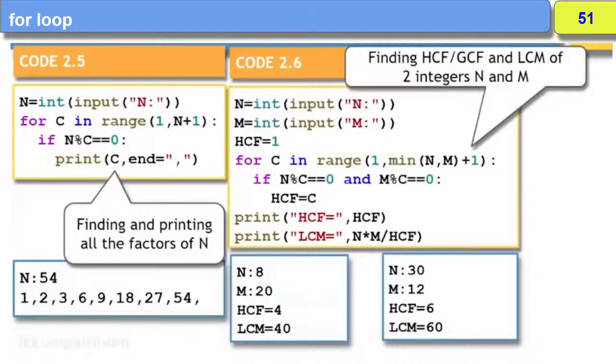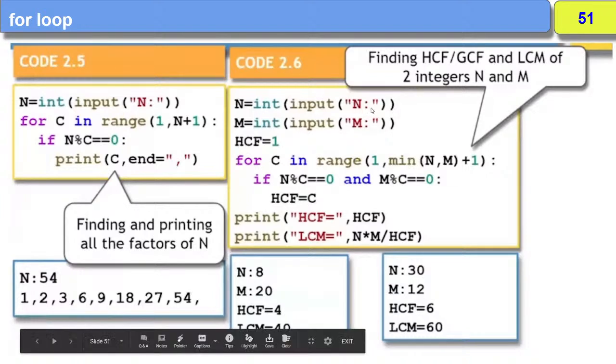If there are two integers, out of these two integers, whichever numbers you have taken, we'll check the factors of these two numbers which can divide n and m fully, that is, the modulus is zero, so they are divisible. And the highest value which divides these two numbers you have given will be the highest common factor.